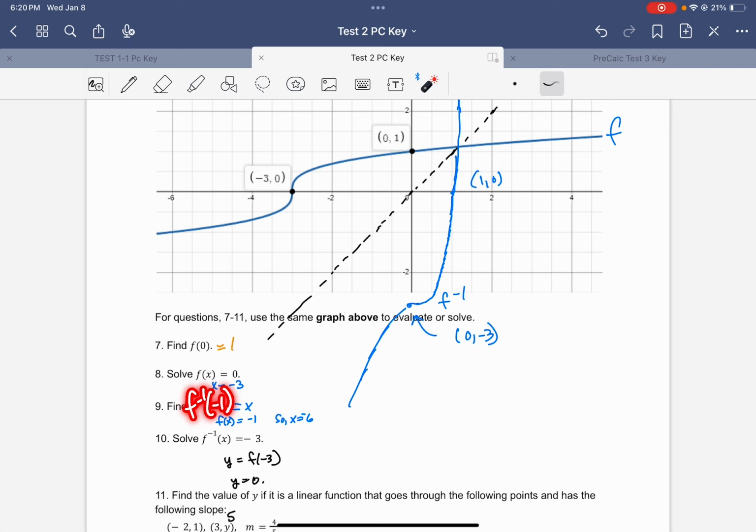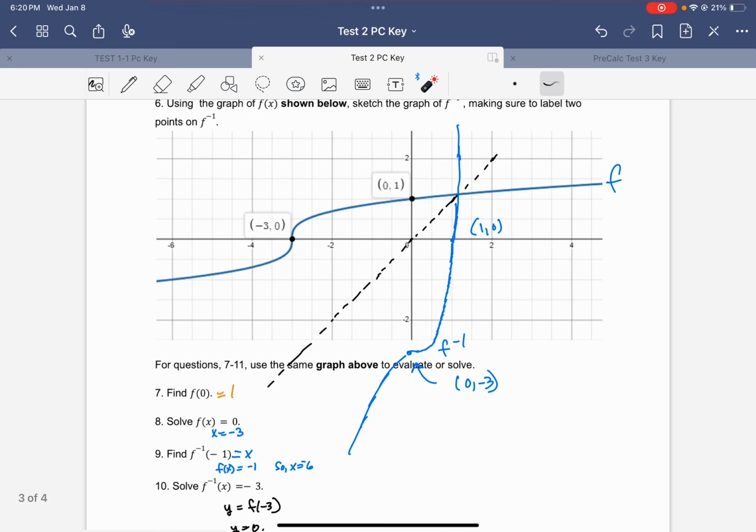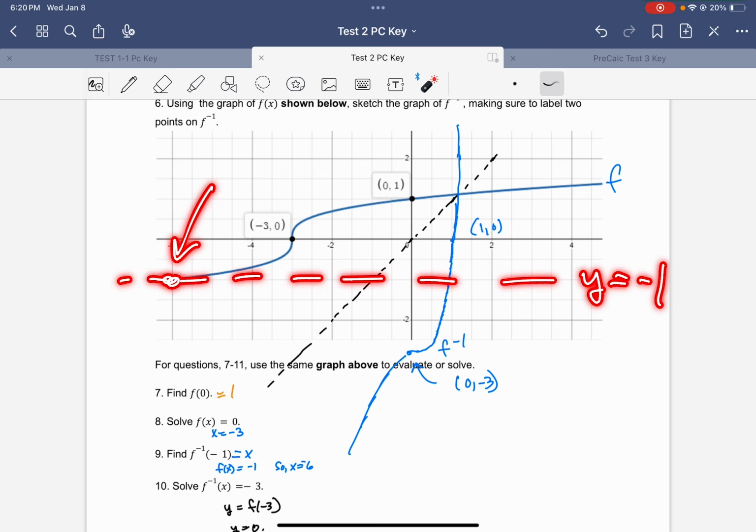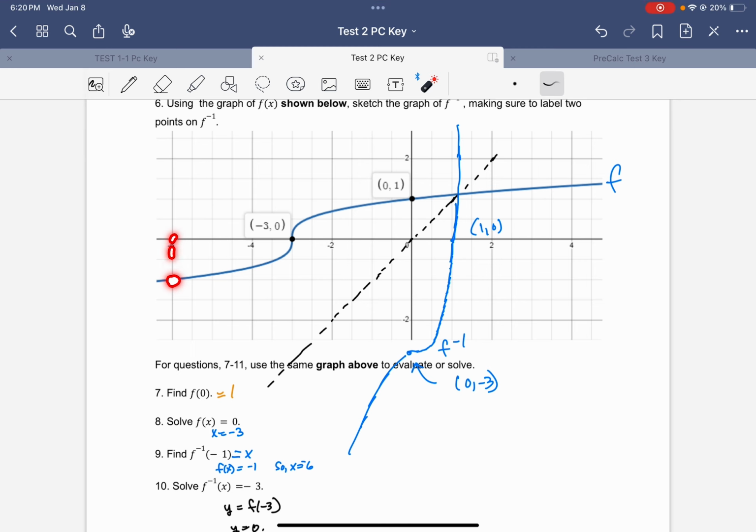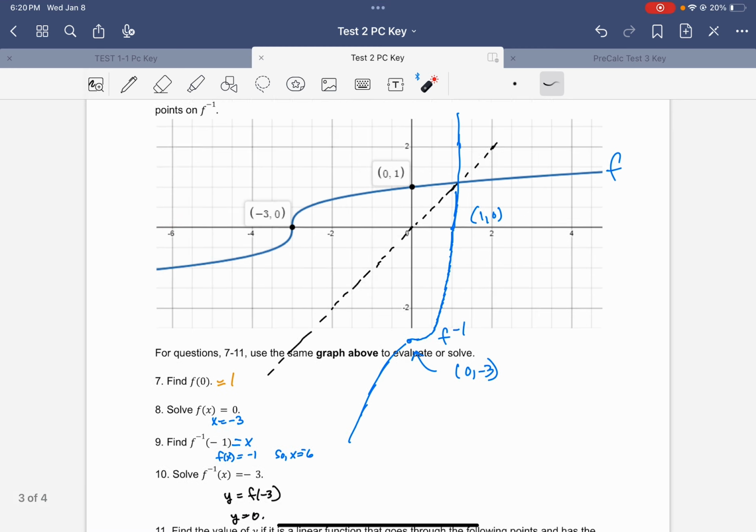What is it? Well, I know if I undo a y, I get back an x. So really what they're just saying is f of what x gives you -1. So what do you have to plug in to get out -1? So I draw a -1, and it turns out that where does y equal -1 hit the graph? It hits it right here. So it turns out that if you plug in -6, you get -1.